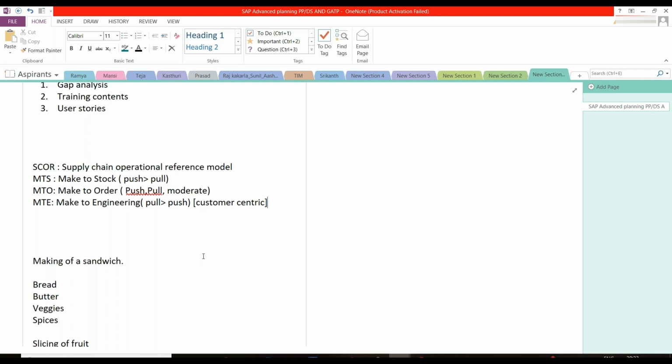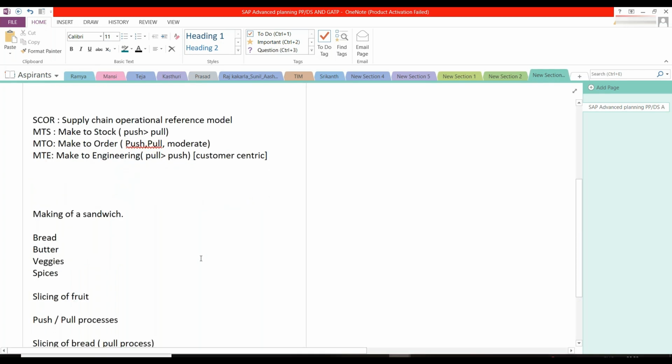Wonderful. Now let us see, if I'm a client who is trying to make up the business process, let us say it's MTS or MTO or MTE. What we see nowadays is a higher scope for clients and different manufacturing products to move more with customer specifications, right?